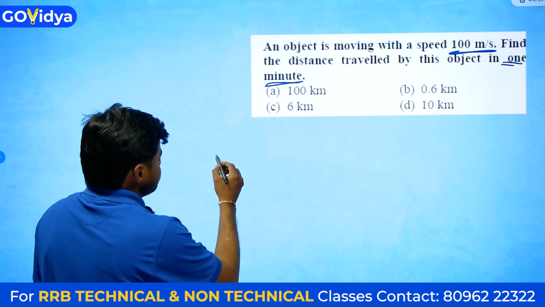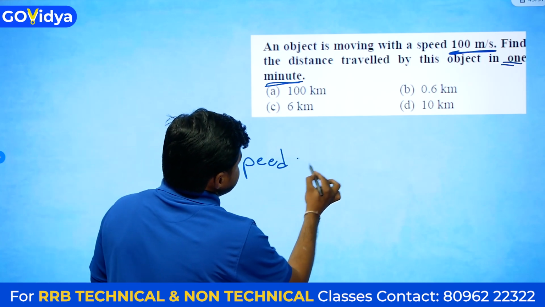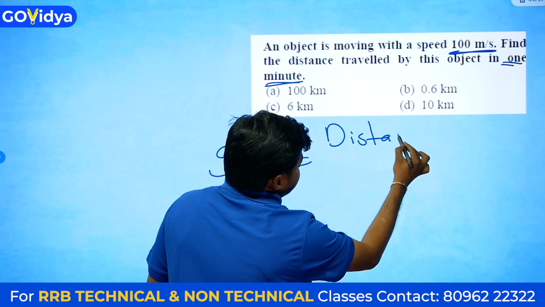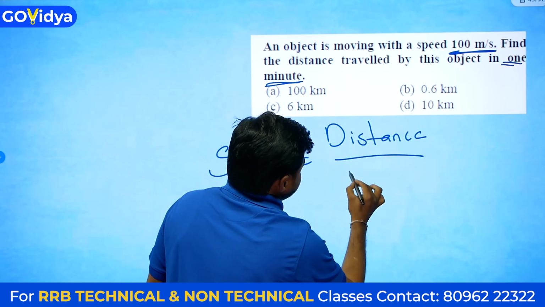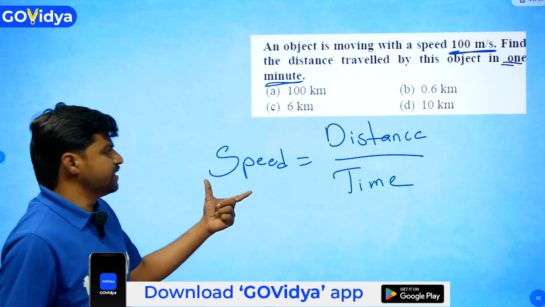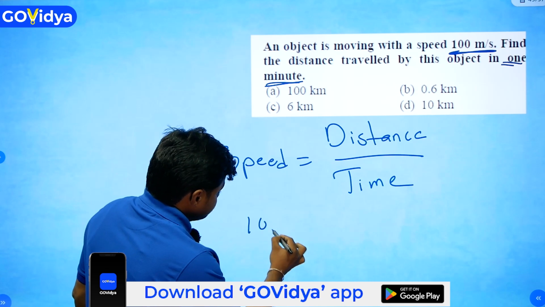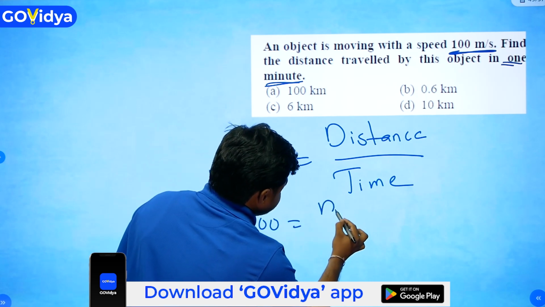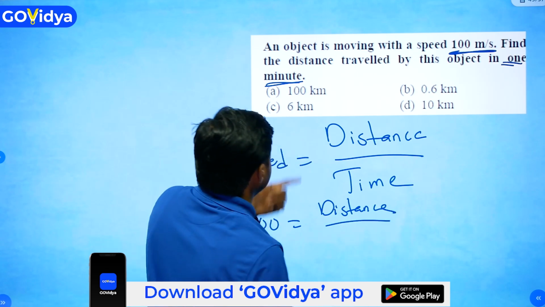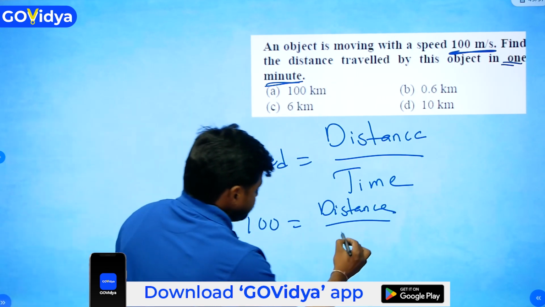We know that speed is equal to distance by time. Speed is 100 meters per second, and we have to find the distance. Time is given as 1 minute, which is equal to 60 seconds.